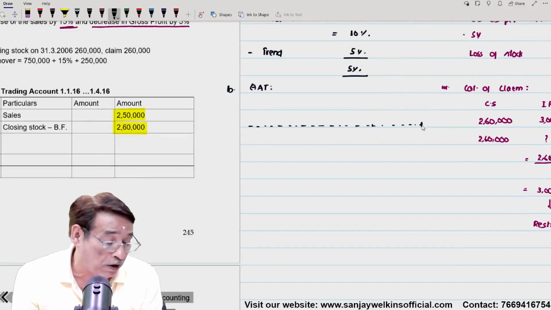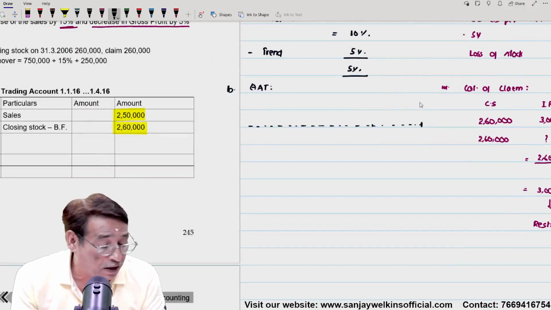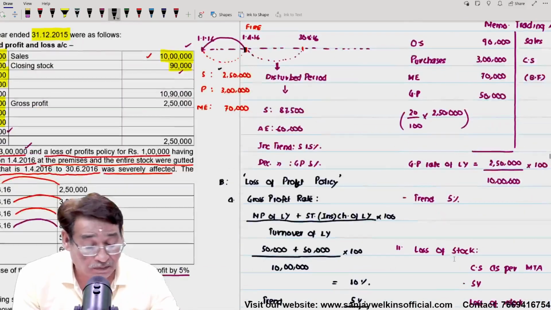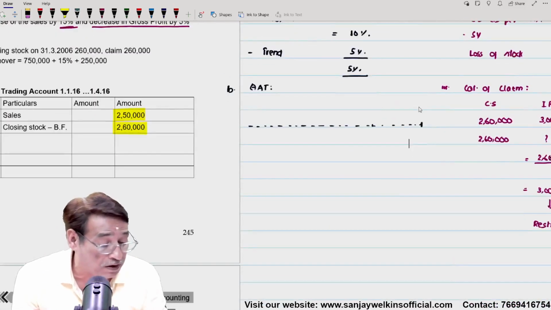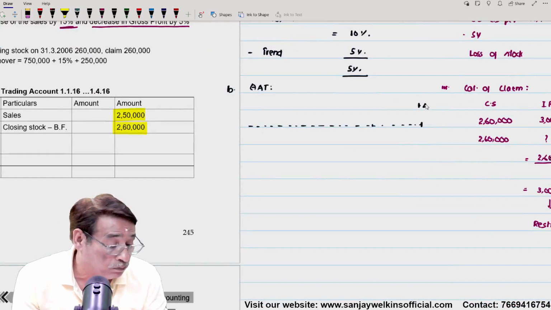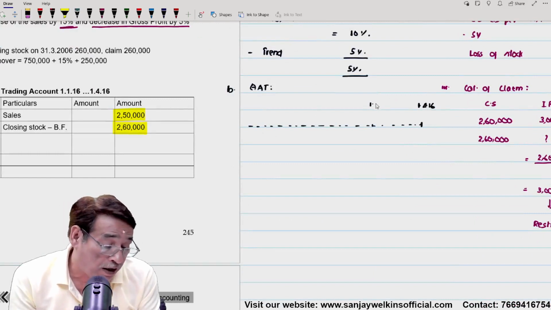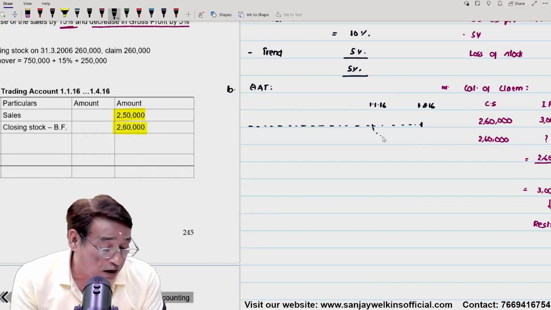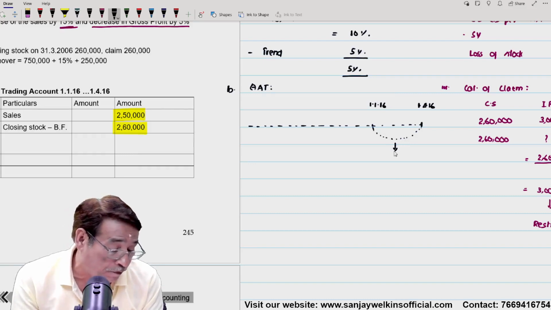Presuming date of fire is here, and date of fire is 1/4/2016. An accounting year is beginning on 1/1/2016. During these 3 months, turnover is given to you as 2,50,000. It is given to you.